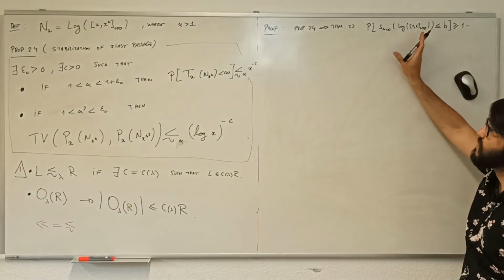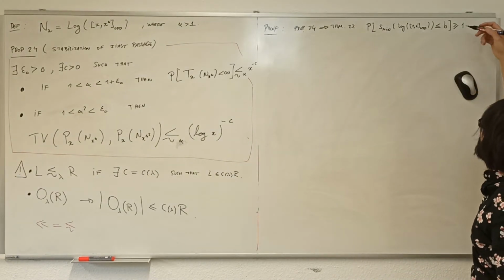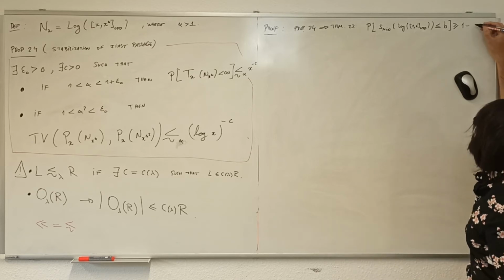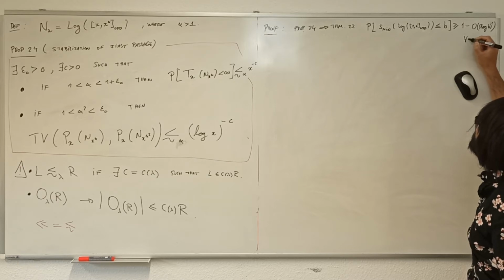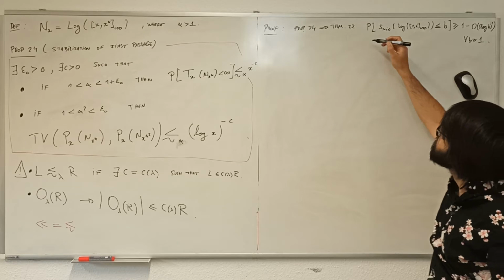So maybe you can realize that as a problem. And what we're going to show here really is that this is O of log b to the minus c, and this is for all b greater or equal to 1. That's what we're going to show.